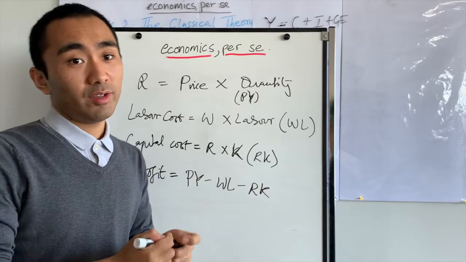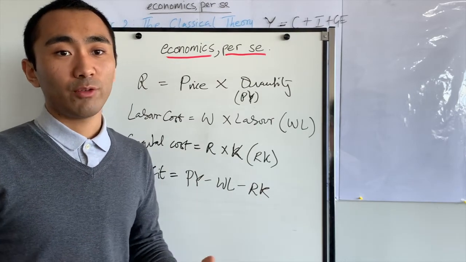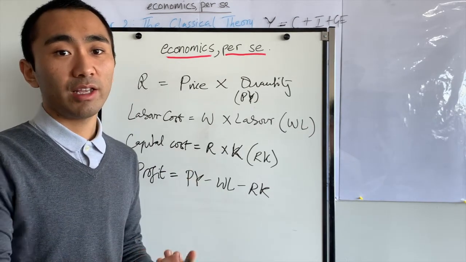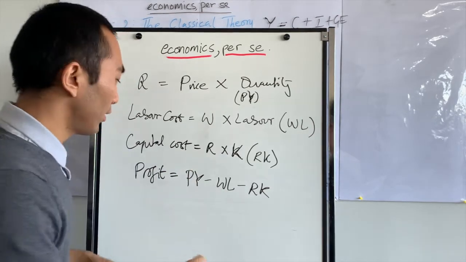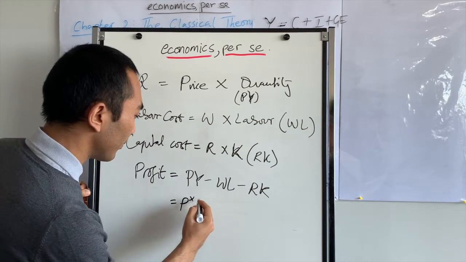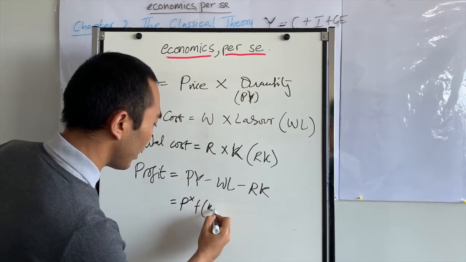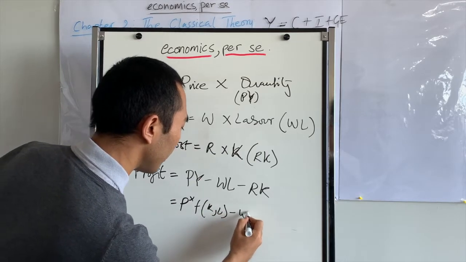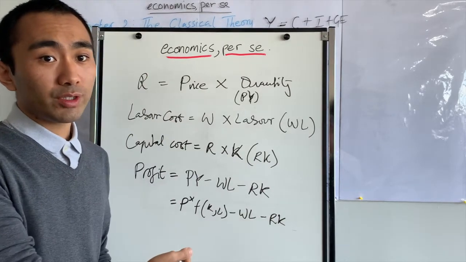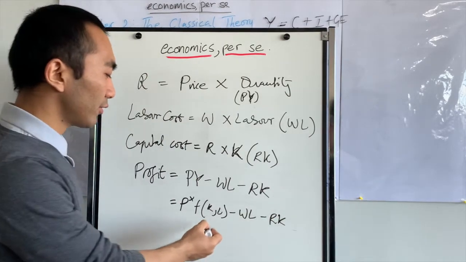Since Y is equal to F of K and L, we can substitute F of K and L in for Y to get profit to be equal to price times F of K and L minus WL minus RK. This shows us how profit depends on the factors of production.